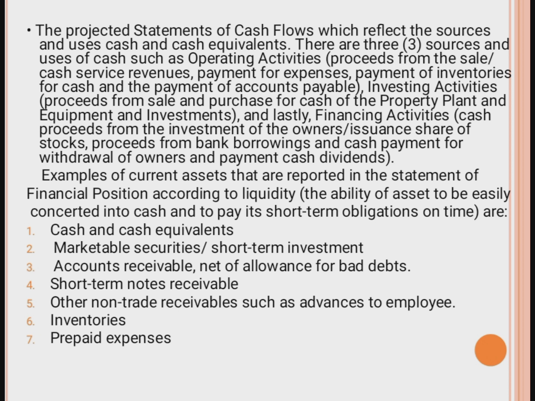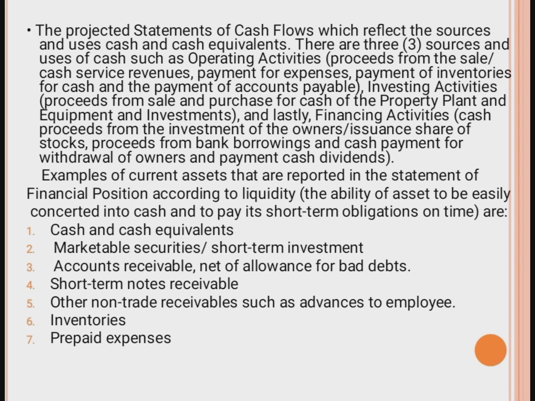Investing activities: proceeds from sale and purchase for cash of property, plant, and equipment and investments. And lastly, financing activities: cash proceeds from the investment of the owners or issuance of shares of stock, proceeds from borrowings, and cash payments for withdrawal of owners and payments of cash dividends.